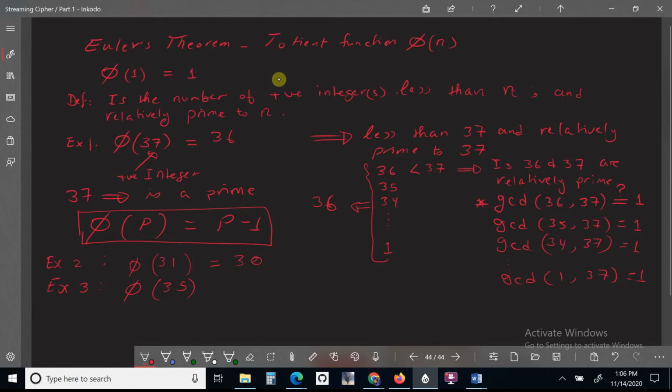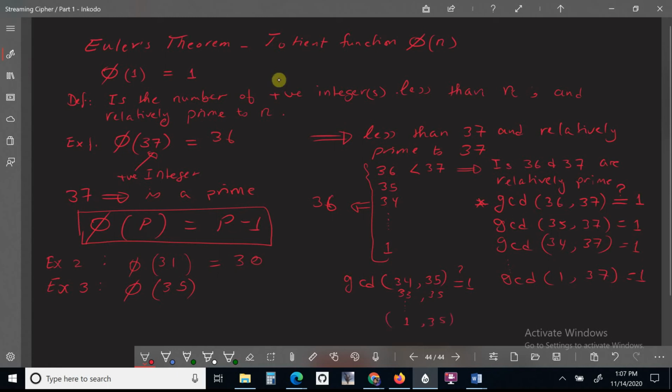The idea is to find all the numbers less than 35, starting from 34, then 33, and 32, and find out if the condition GCD between the number, of course we start with 34 and 35, is equal to 1. Of course, you do it with 33 and 35, and you continue all the way down to 1 and 35.